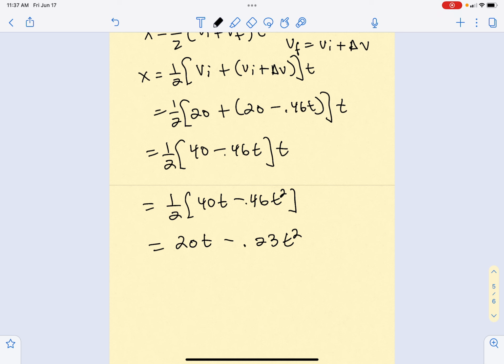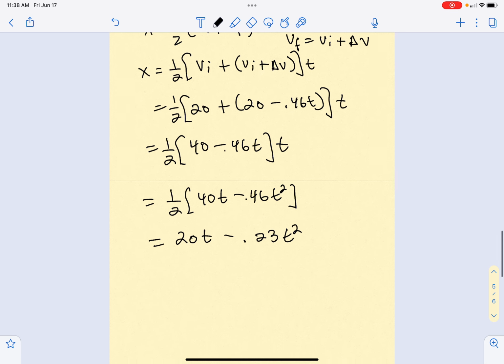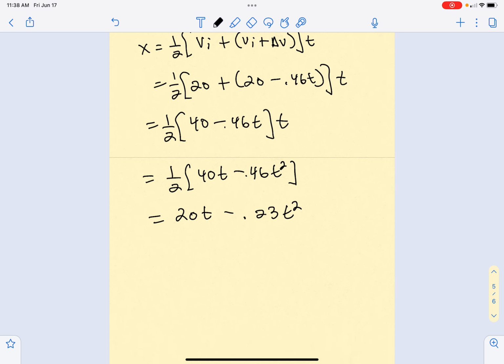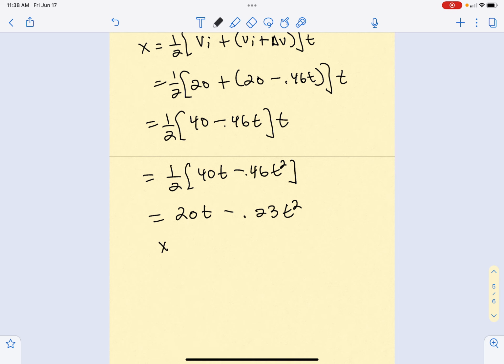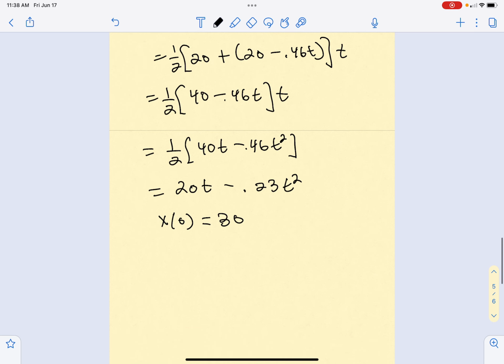Now, remember that at position 0, car B had already gone 30 meters. So our total position for car B would be 20t minus 0.23t squared plus 30. So we have our position for car B.